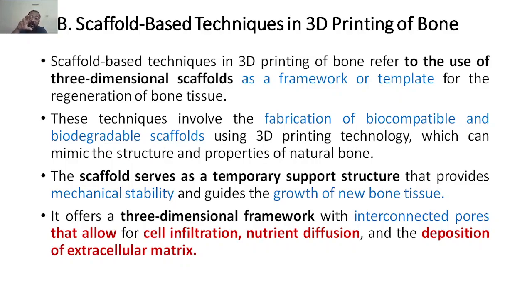The required nutrients for cell growth should be given from the body, so those nutrients should reach these growing cells. For that again we need interconnected pores. Finally, deposition of extracellular matrix. To deposit this extracellular matrix we also need pores, so that this scaffold has all these 3 properties in a 3-dimensional function.